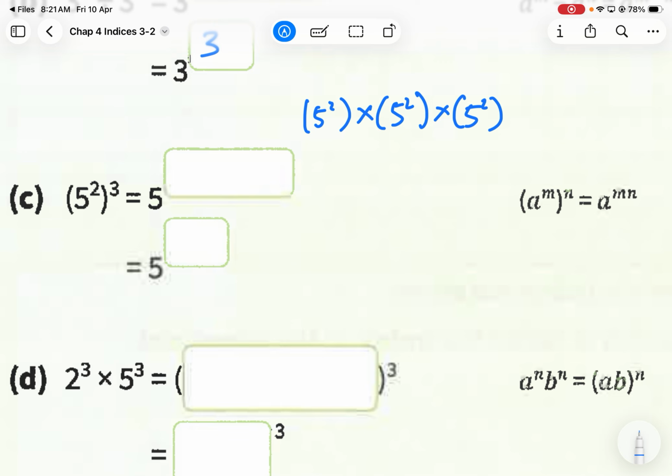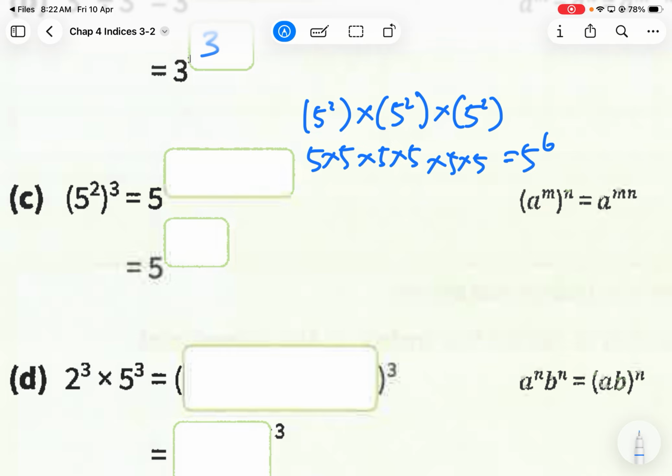Okay? So when we cube this, I have to multiply the bracket by itself 3 times. So what will end up happening will be 2 plus 2 plus 2, 3 times of 2. Correct? Because what really happened is 5 times 5 times 5 times 5 times 5 times 5, and I end up with 5 to the power of 6.